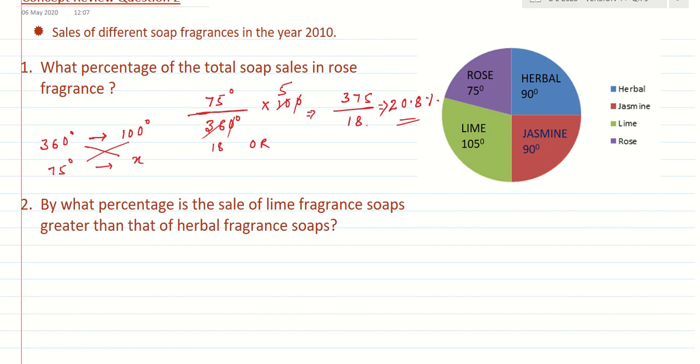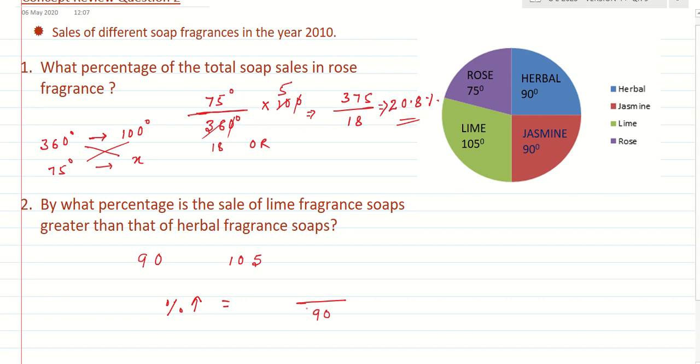Now, the second question reads as, by what percentage is the sales of lime fragrance soaps greater than that of herbal fragrance soaps? Again, increment and decrement. How much is given for lime fragrance? 105. And herbal? 90. Talking about increment or decrement? Increment. Which is the initial value, the original value? Correct, no. Because increment means what?